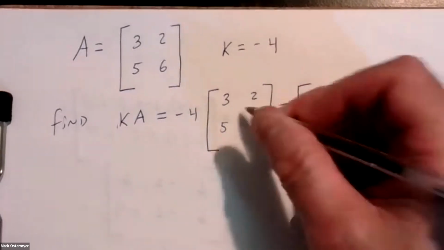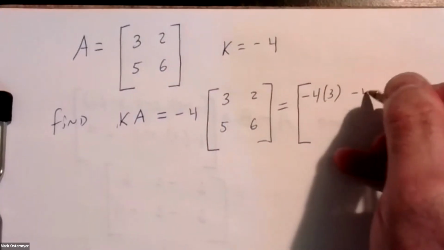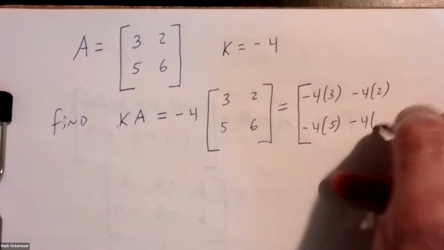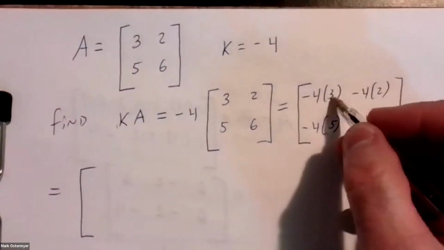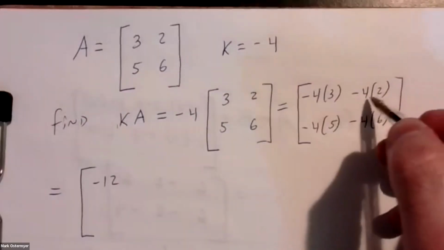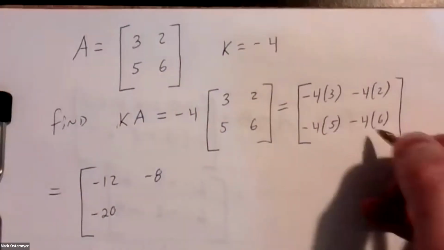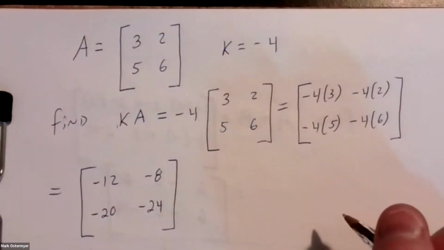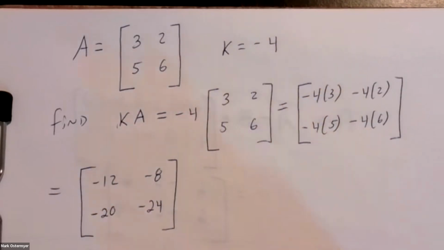The only difference is that each entry of matrix A gets multiplied by -4. So this is going to give me -12, -8, -20, and -24. There we go. Any questions how we did that there?